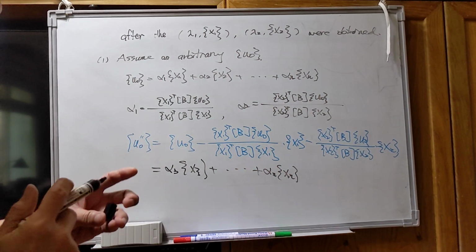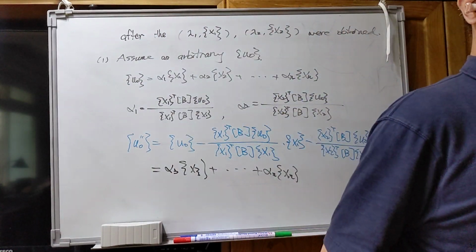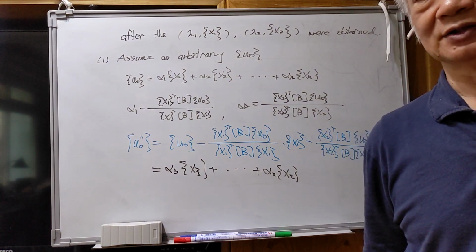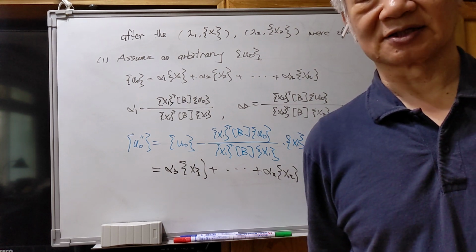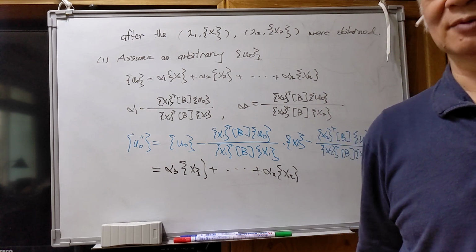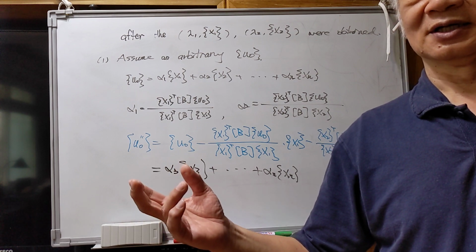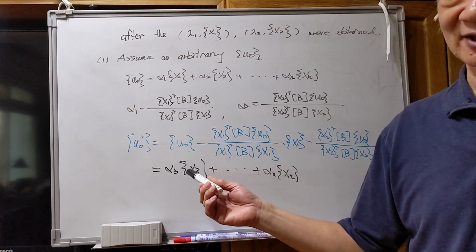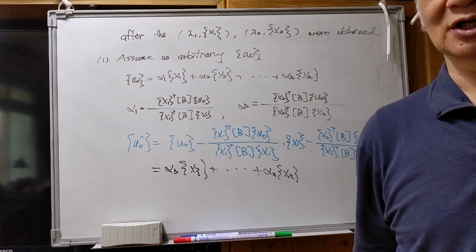We can keep multiplying A inverse B to the obtained u0 double prime to get u1, and again deduct the component vectors of x1 and x2. Then you get u1 double prime, and you can keep going. Then you will converge to x3, and the Rayleigh quotient will converge to lambda 3.